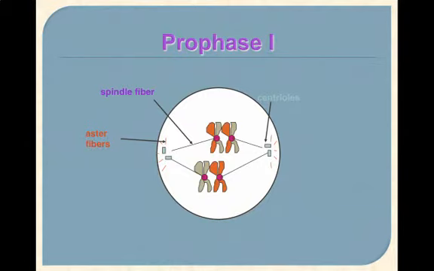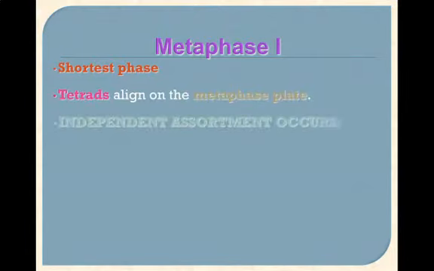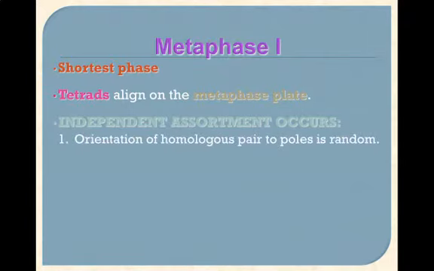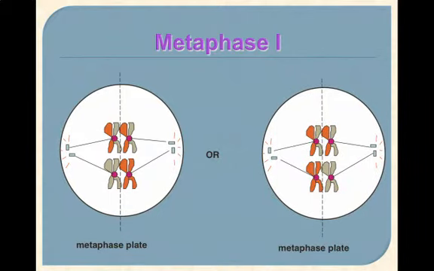So prophase 1, we have our spindle fibers, we have our centromeres, our centrioles, we have our tetrad forming, we have crossing over that happens, we have all that good stuff. Then metaphase 1, shortest phase, they line up in the center, they align on the metaphase plate, independent assortment occurs, we don't know which way everything is going to go. The orientation is random, so during metaphase 1 it could be like this, or it could be the other way.